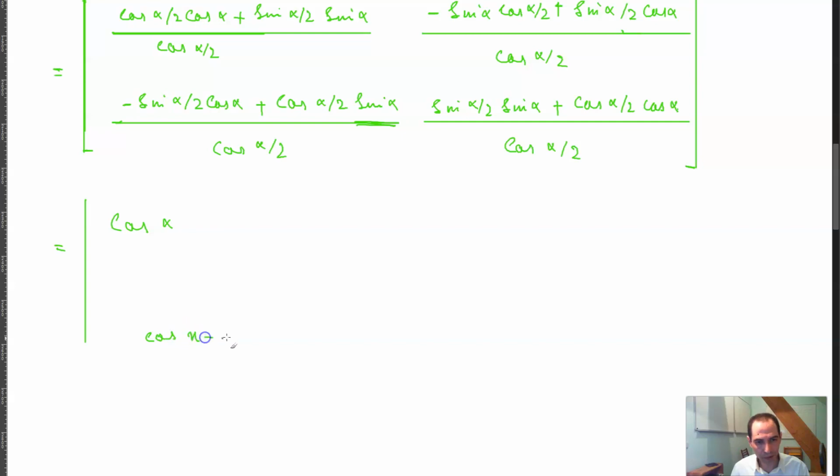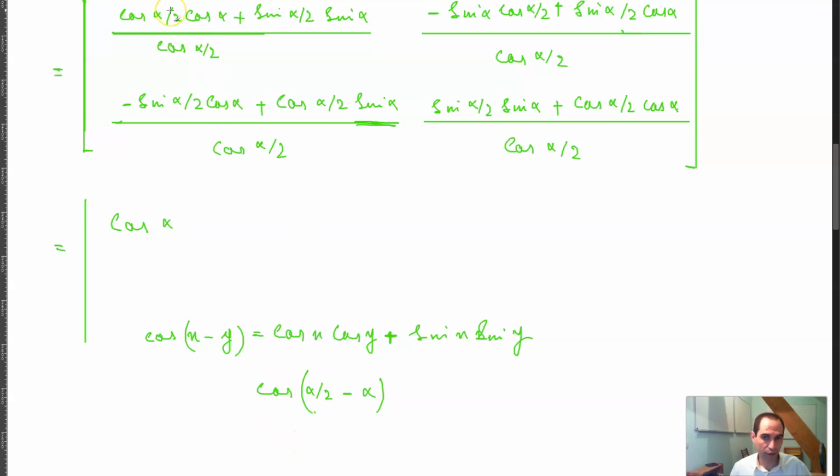You know that cos of x minus y is equal to cos x cos y plus sine x sine y, right? That we already know. Now what happens here is that I have cos alpha by 2 cos alpha plus sine alpha by 2 sine alpha, which means that based on this formula I can write this numerator as the cos of alpha by 2 minus alpha, right?